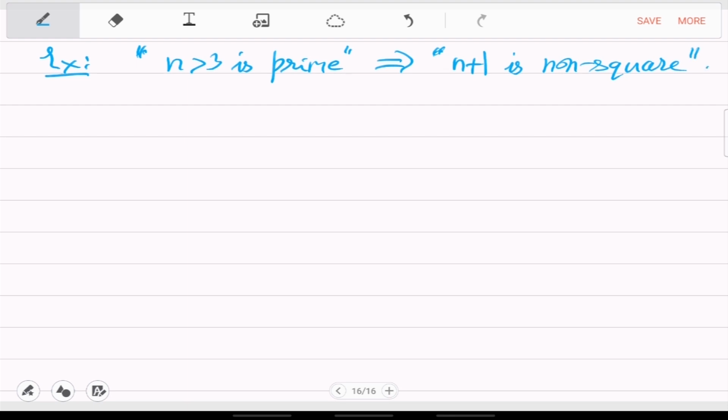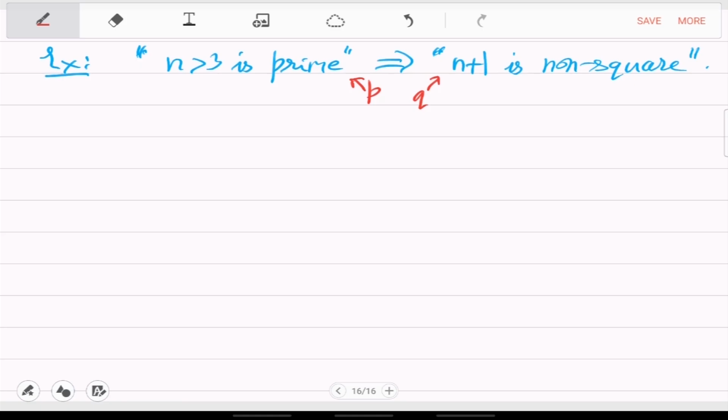So the first thing is P, the second is Q, and you want to show P implies Q. How do you show this? Essentially, you are showing that primes are not square minus 1, right?